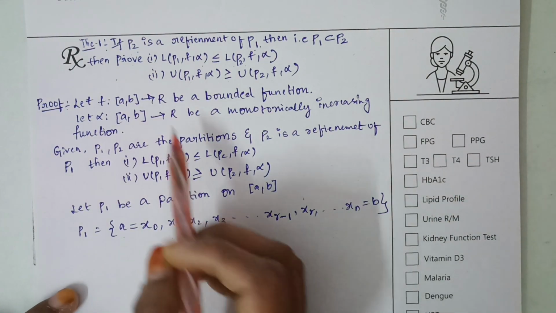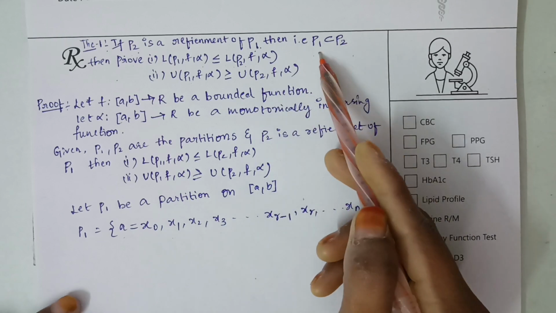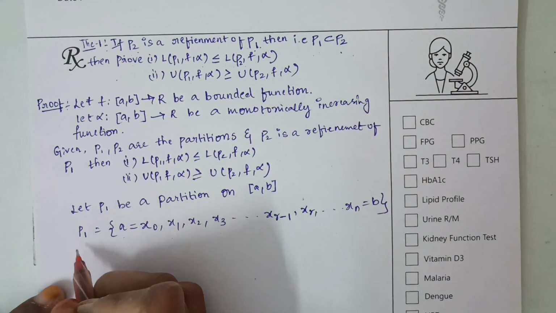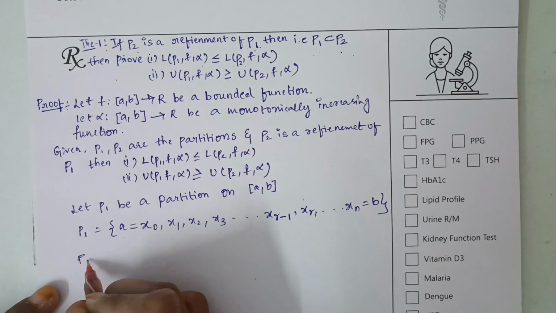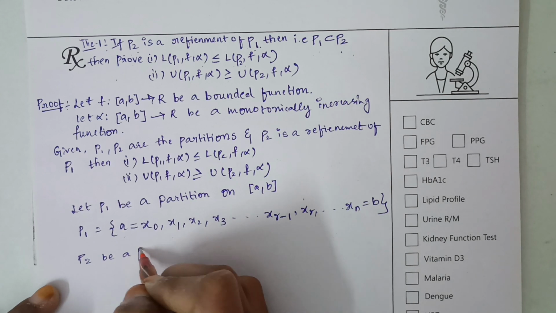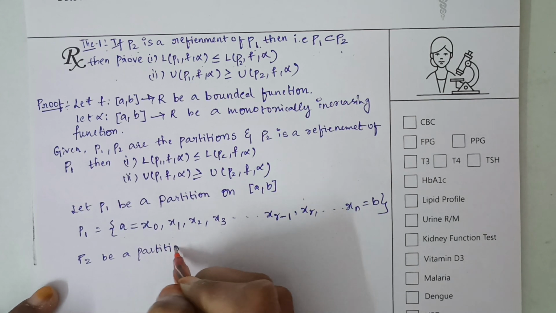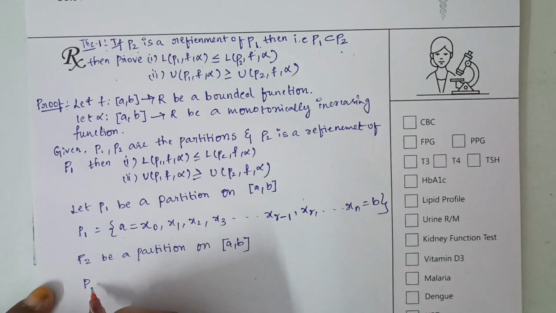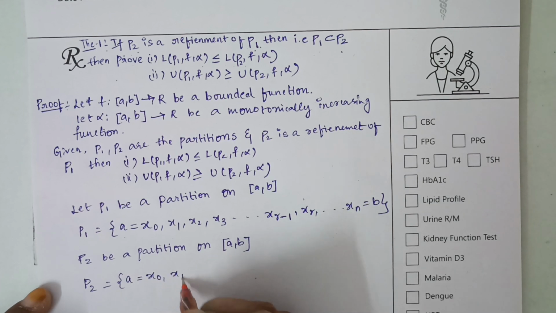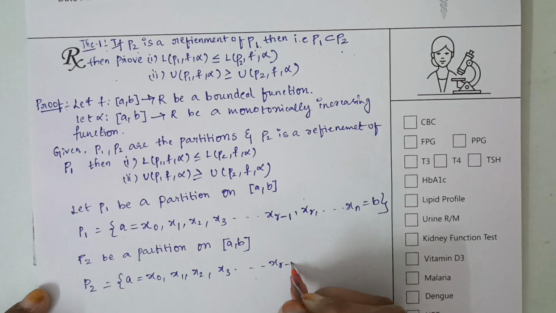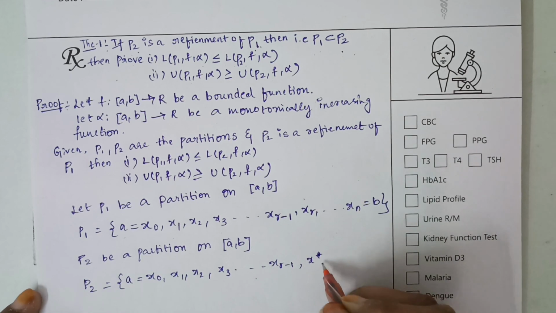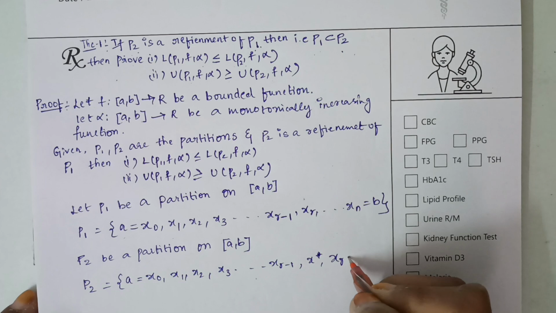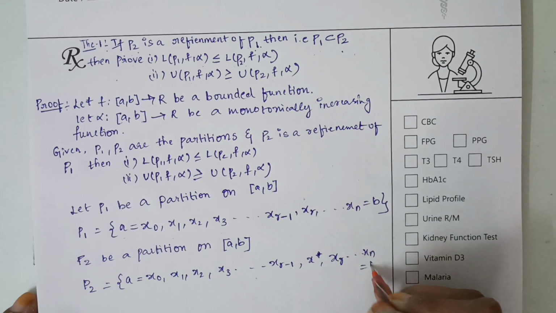And here given P2 is a refinement of P1, P1 is a subset of P2, so we have P2 be a partition on closed interval a comma b such that P2 is equal to a equals x0, x1, x2, x3 so on xr minus 1 comma x star comma xr up to xn, which is equal to b.